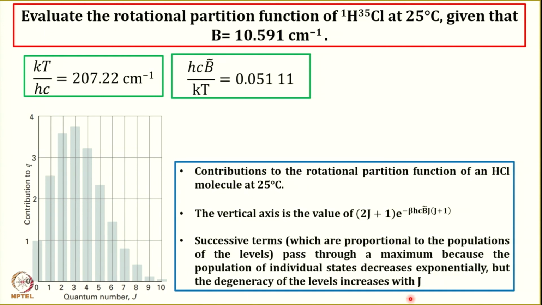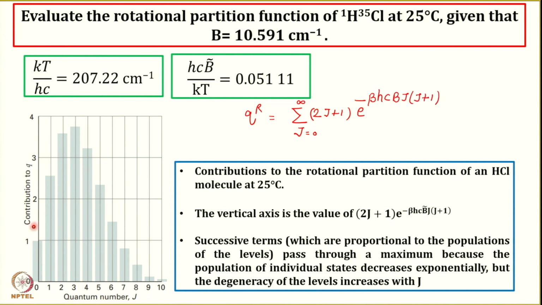Now let us look at some of the comments made over here. Q rotational is equal to the summation over j from 0 to infinity of 2j plus 1 times exponential of minus beta hcB j into j plus 1.